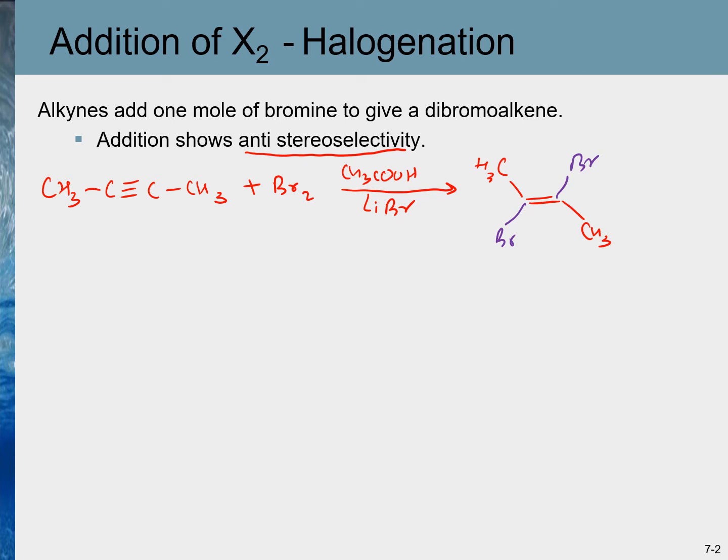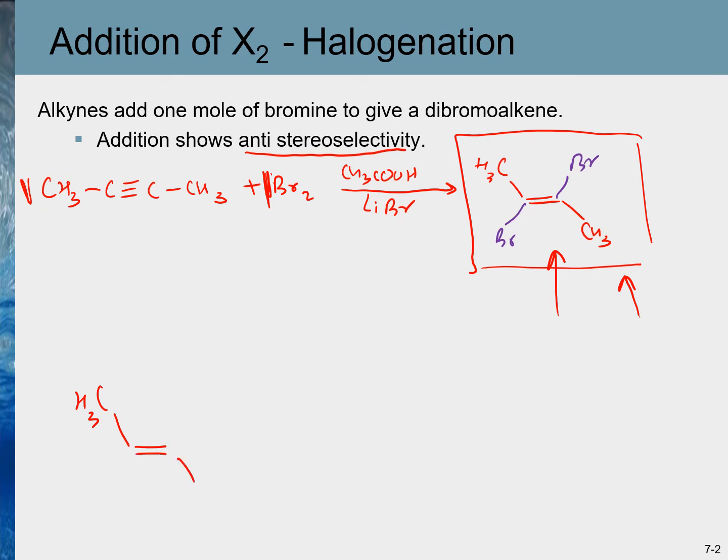Addition of a second mole of bromine to the same product will give rise to a tetrabromoalkane product. So in other words, if we start the reaction with a 1:1 mole ratio, we will end up with a dibromo product. But if we have excess of bromine, then the dibromoalkene will react with additional bromine to give rise to the tetrabromo addition product.